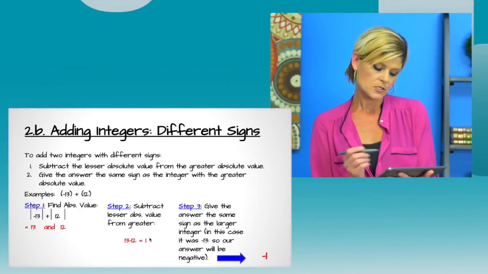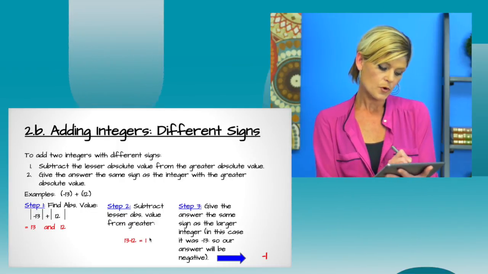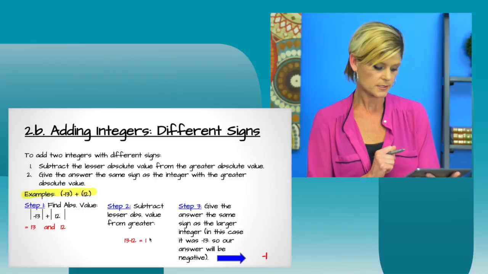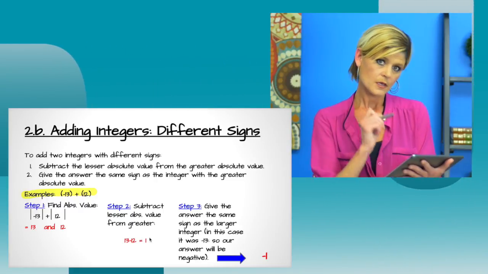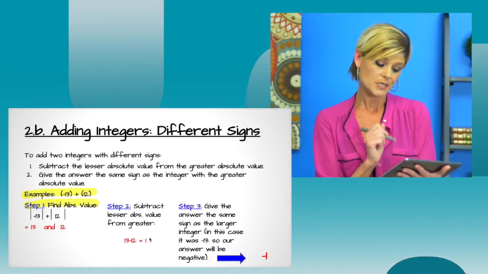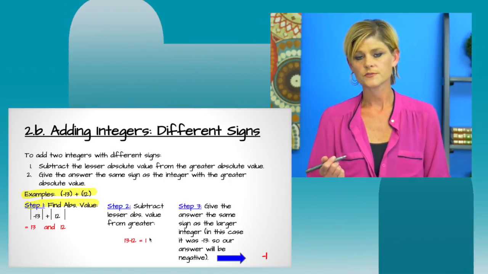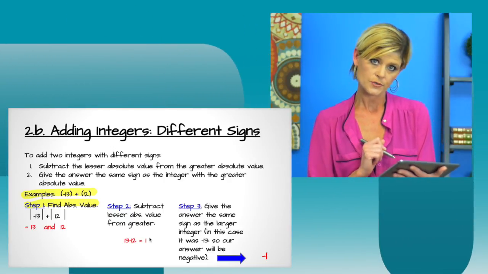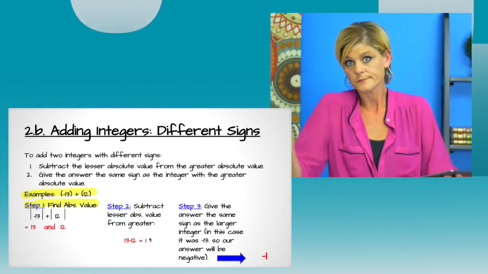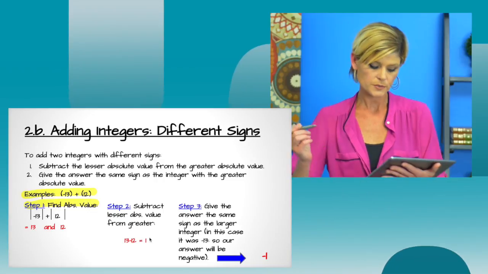Let's take a look at our problem here. The problem we have is negative 13 plus positive 12. Look at step number 1. If we're using the absolute value technique, the first thing we want to do is find the absolute value of negative 13 and 12. That would be 13 and 12. Simple enough. How far away are they from 0?